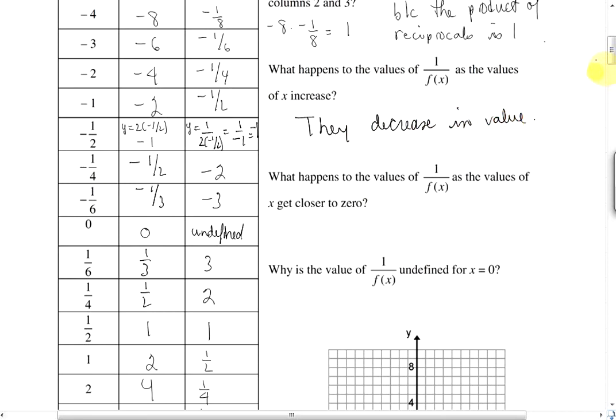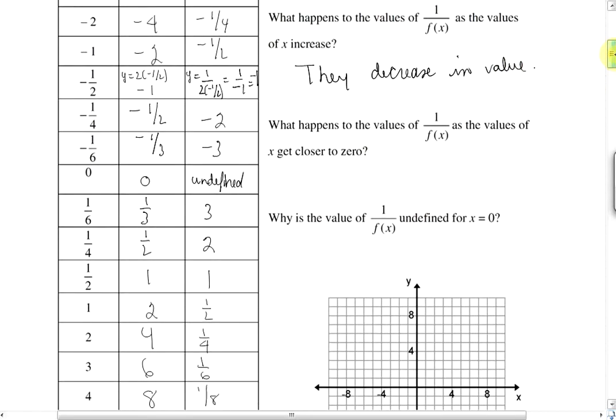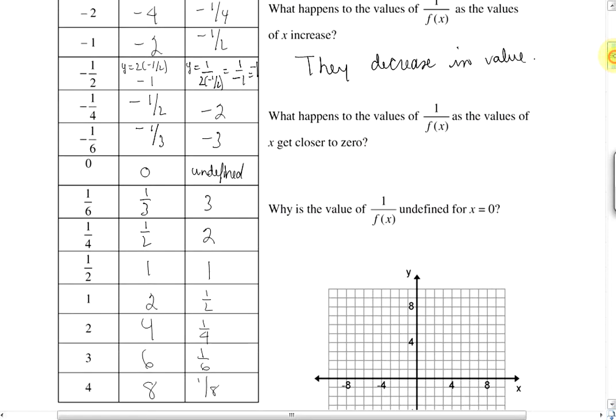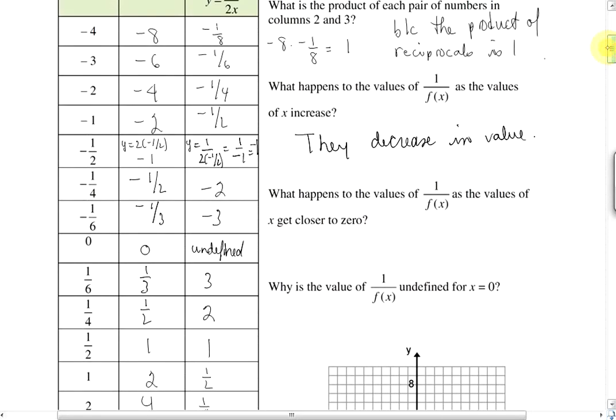Okay, so what happens to the values of 1 over f of x as the values of x get closer to 0? Okay, well, let's take a look. Our x values get closer to 0, and if we take a look at the absolute value of these numbers, what we want to look at is the positive values. And notice that they are getting larger, okay?